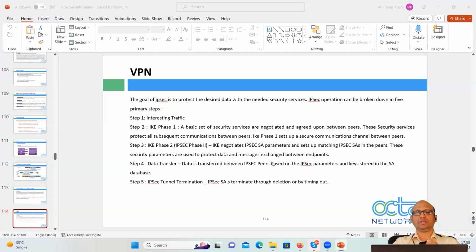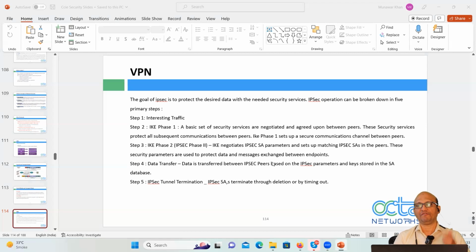There is a procedure that IPsec VPN follows. So I'm asking IPsec VPN, how are you going to proceed with this? He's telling me, boss, I'm going to follow 5 steps. The goal of IPsec is to protect the desired data with the needed security services, and it is broken down into 5 steps.